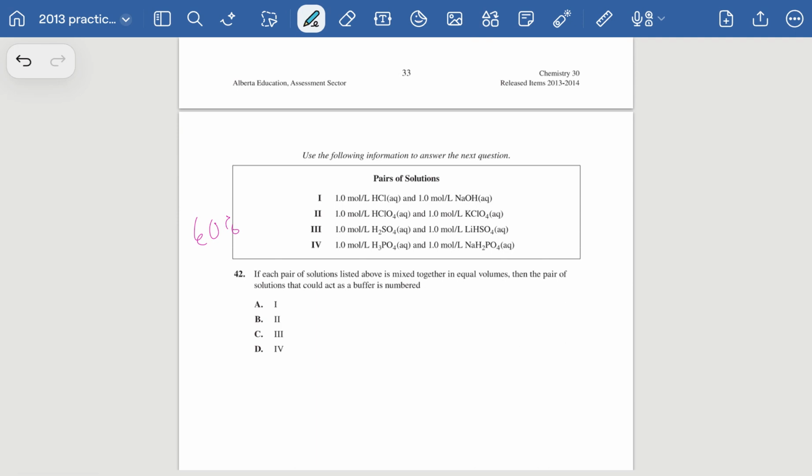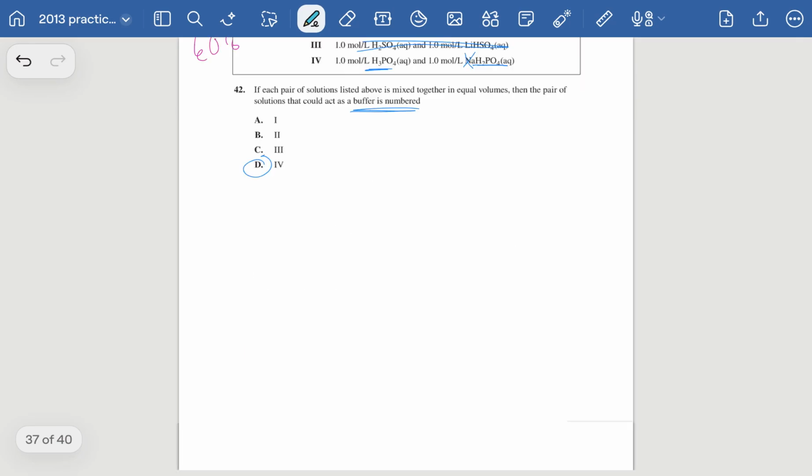What can act as a buffer? A buffer, again, is a difference of 1 hydrogen, but they also have to be weak. The first one doesn't work because that's strong acid, strong base. The second one doesn't work because I believe we still are too strong. So this last one, once we split into ions, we'll see we're a difference of 1 hydrogen and we're weak. So the answer here is D.